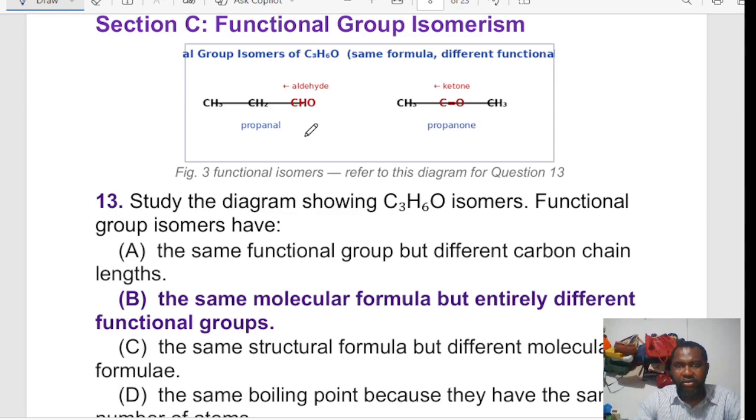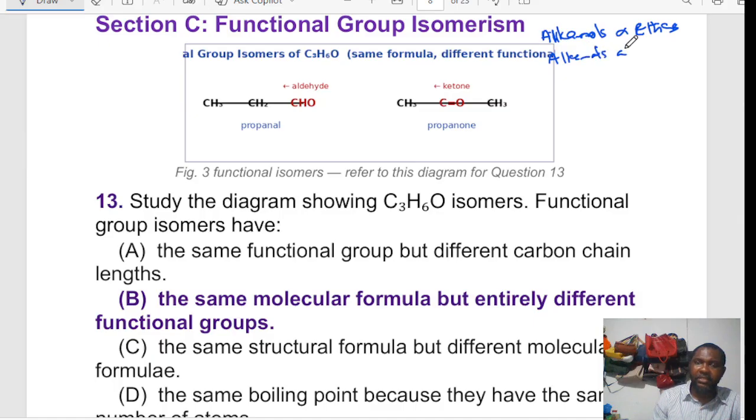Their functional groups are different, and there are some organic compounds that are isomers with other organic compounds, and there are many of them. Alkanols and ethers are isomers. Alkanals and alkanones are also isomers.